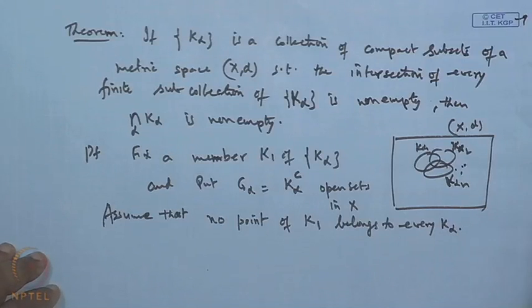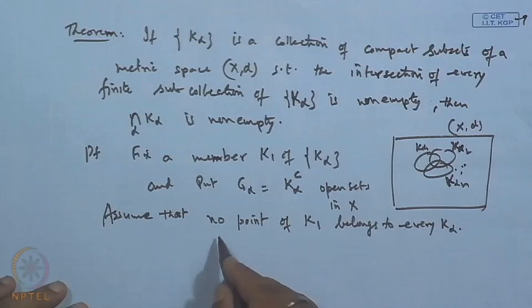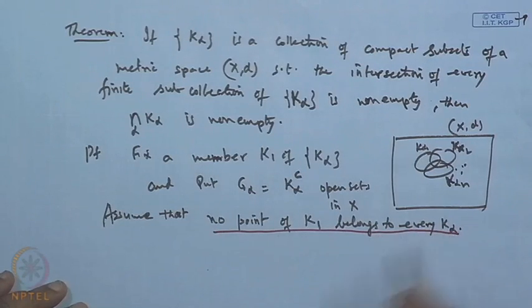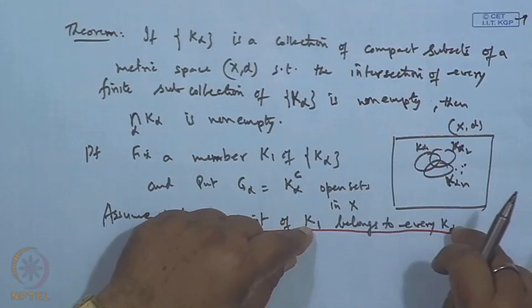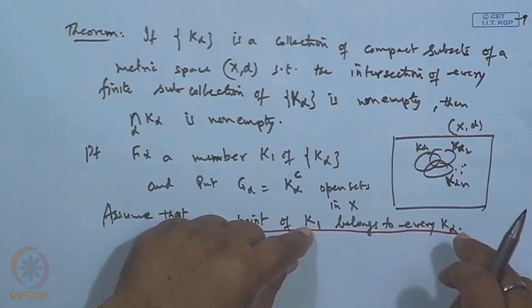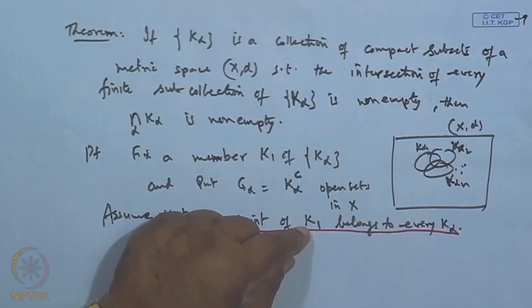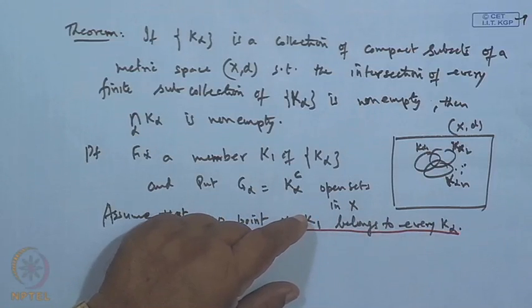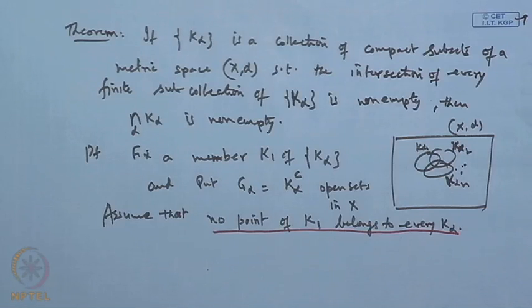This is our assumption. It means that when you pick one point of K1, then at least one of the K alpha will be available where that point does not belong. So, no point of K1 belongs to every K alpha.